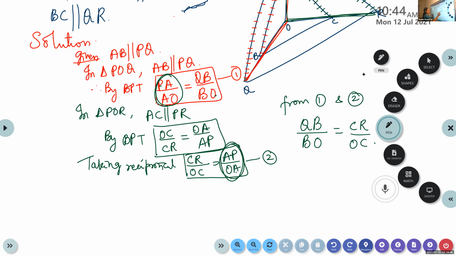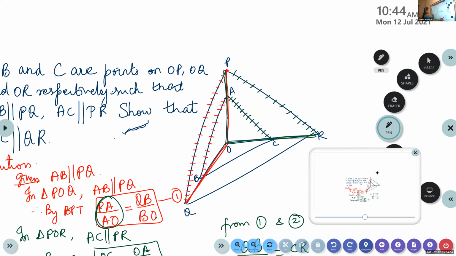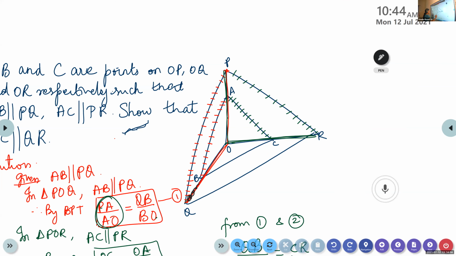Okay, now look at this, children. We get sides proportional. Which sides are proportional? Once again, look into the figure. QB by BO, QB means this part, is equal to RC by CO. In which triangle are we getting sides proportional?